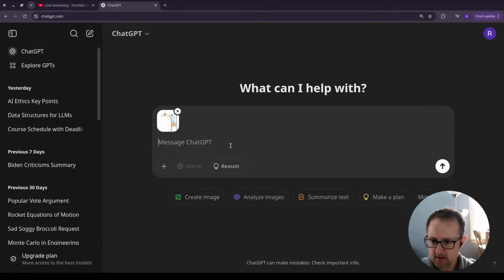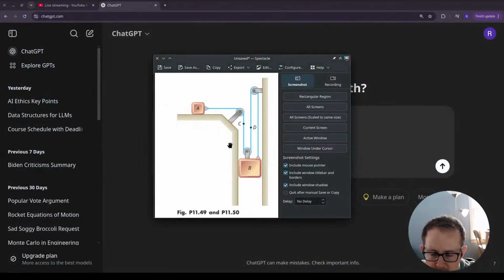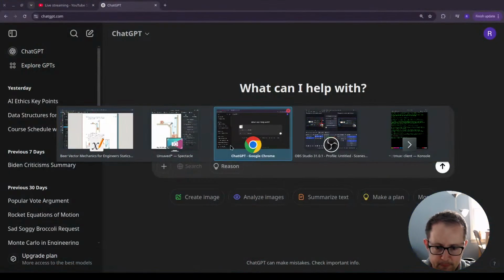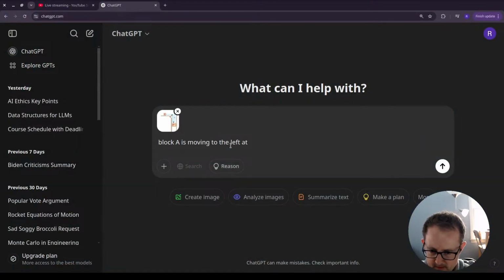So block A is moving to the left at, how fast are we going? 6 meters per second. We want the velocity of block B, and let's just start with that. 6 meters per second.